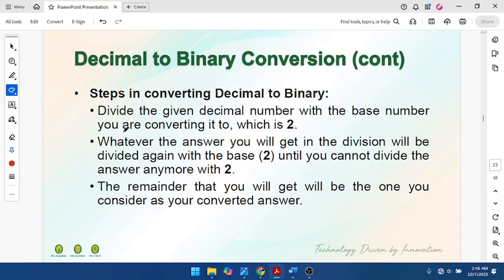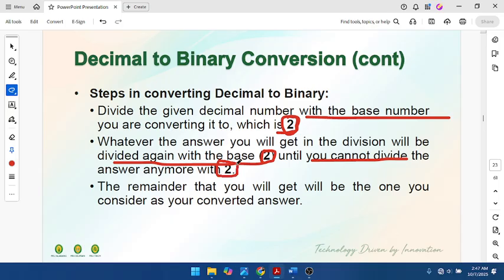Una, divide muna daw yung decimal numbers with the base number, which is 2. Take note ha, divide muna yung whole numbers sa ating base na 2. Then whatever answer you get sa division, you will divide it again by the base 2 until you cannot divide anymore sa ating 2.